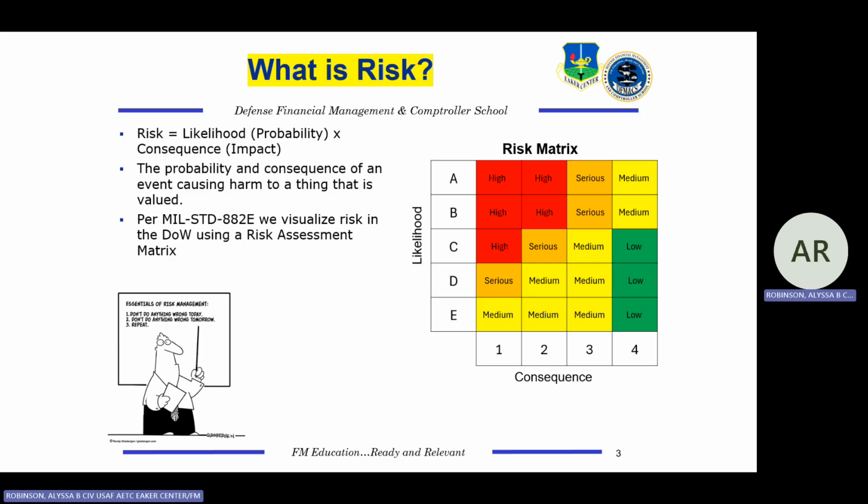If your risk assessment matrix in your own organization looks slightly different from this one, that is okay. The Department of War has given us some flexibility in our risk matrix format.